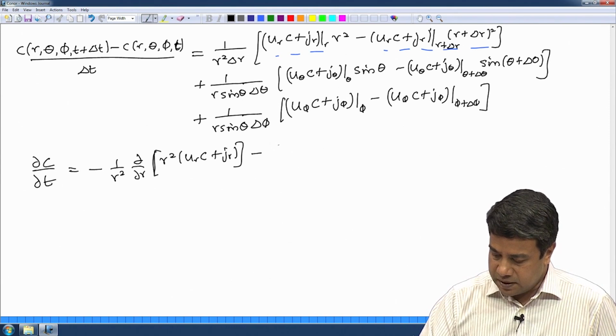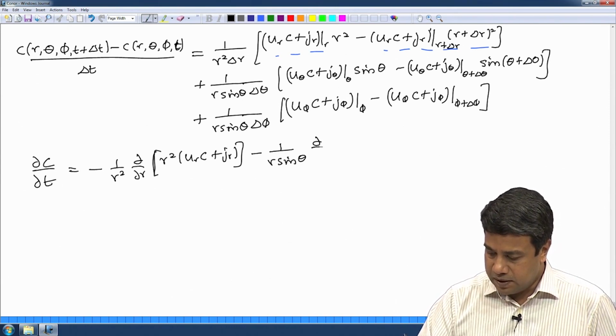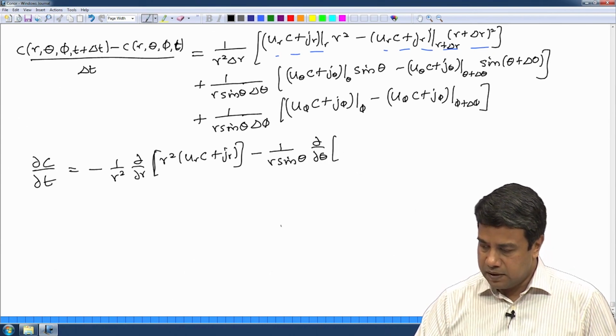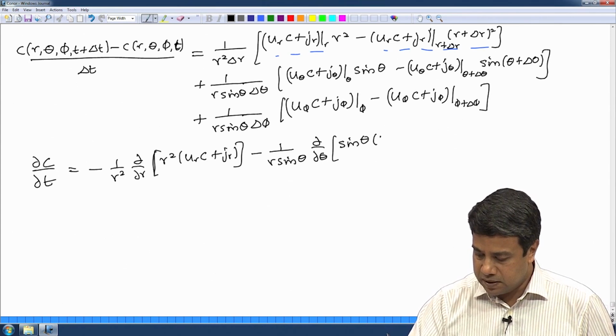The second term is minus 1 over r sin theta, d by d theta of, I have a sin theta within the brackets times u theta c plus j theta.